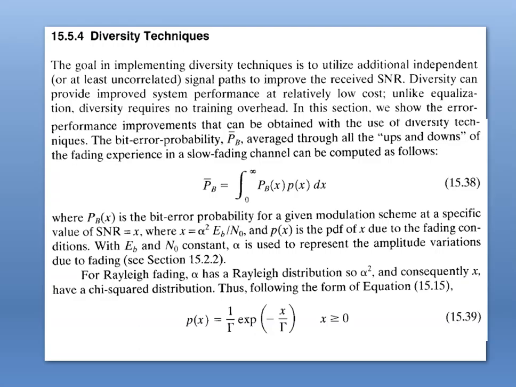For Rayleigh fading, alpha has a Rayleigh distribution, so alpha square and consequently x have a chi-square distribution of the following form: P of x is equal to 1 by tau exponential of minus x by tau, for x greater than or equal to 0.